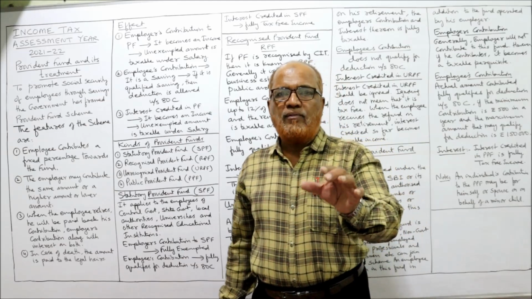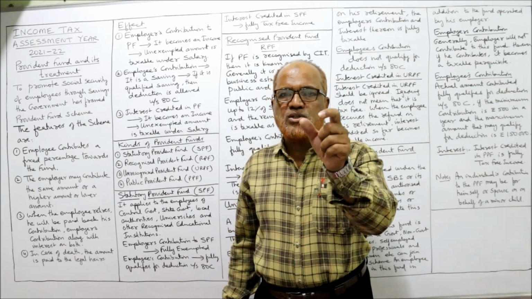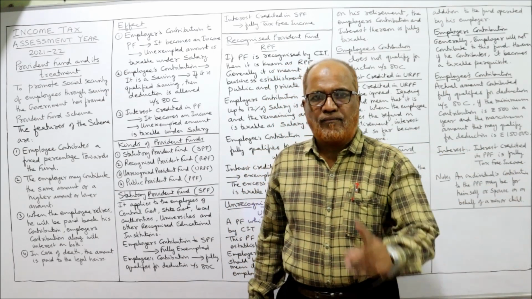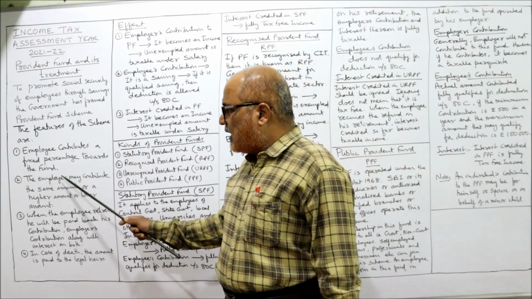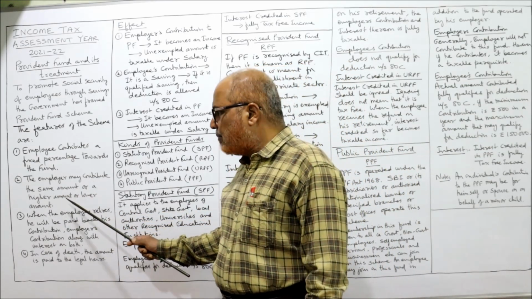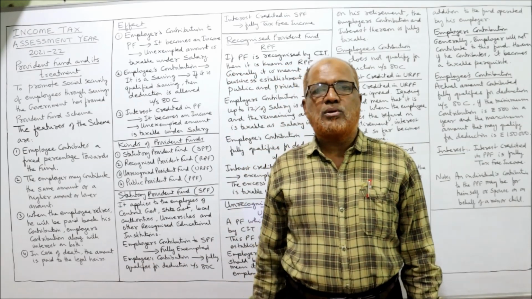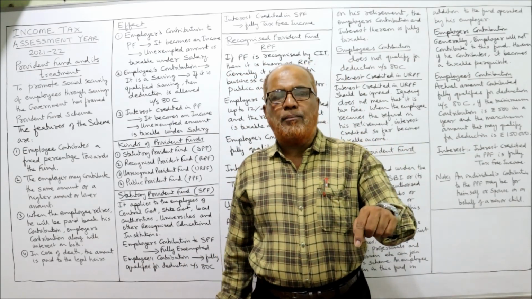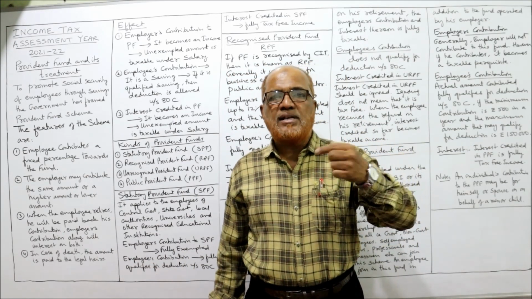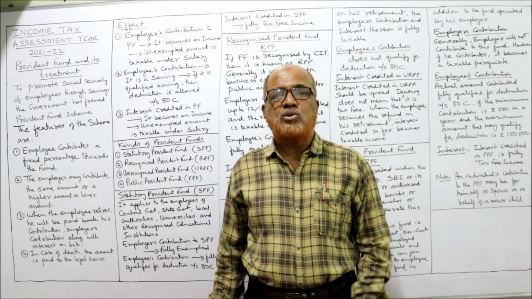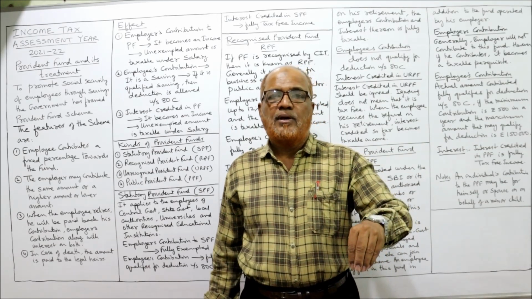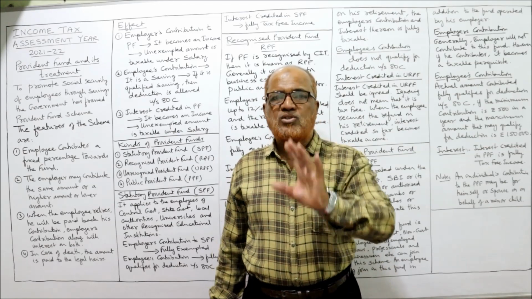That means the employee will contribute a fixed percentage from his salary towards the fund. First feature. Second feature, the employer may contribute the same amount or a higher amount or a lower amount. At the same time, the employee contributes as well as the employer also contributes from his pocket. Suppose you are the employee, your salary is 50,000.